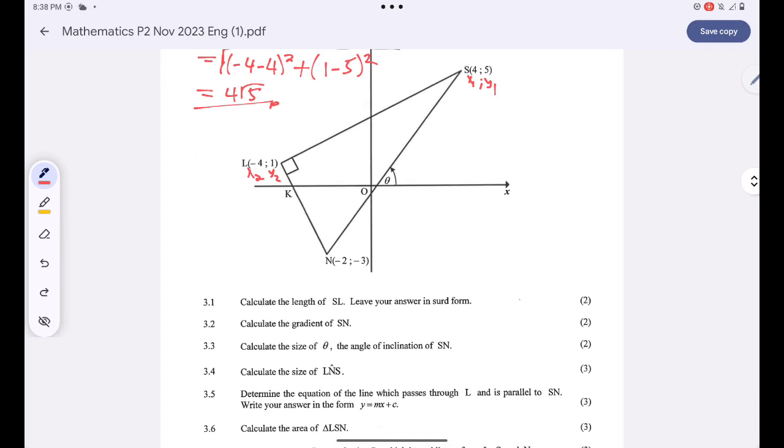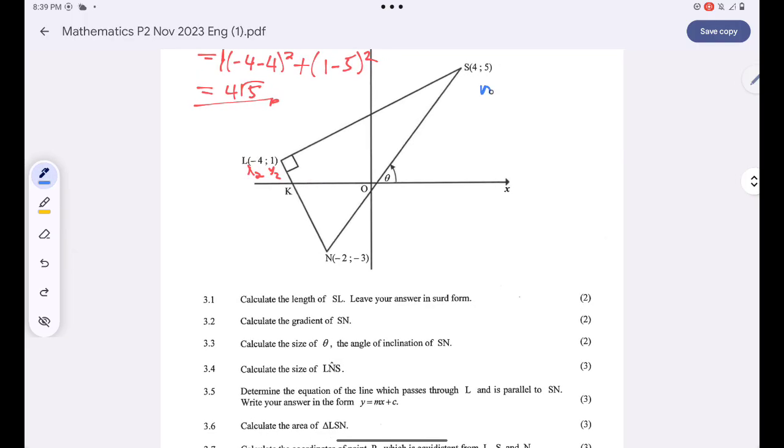Second question, they want us to find the gradient of SN. Okay, let me erase there. The gradient of line SN. So m is simply y2 minus y1 over x2 minus x1, right? I will have 5 minus a negative 3 all over 4 minus a negative 2.